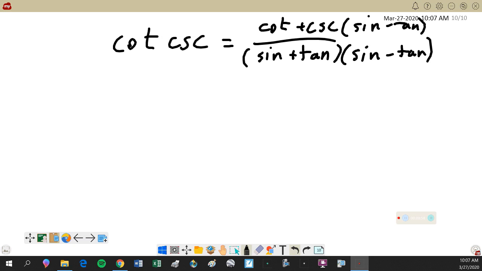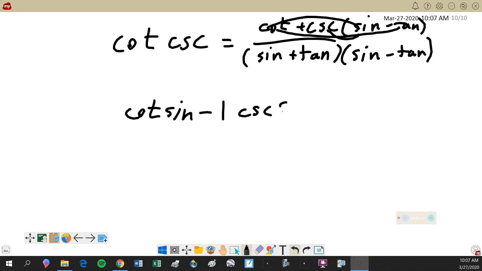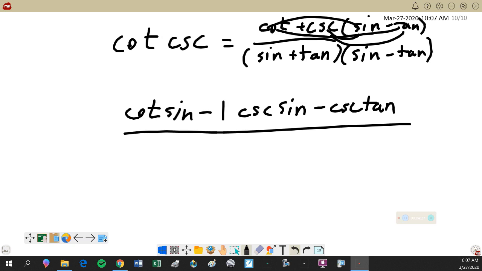So in the numerator, I get cotangent sine from there minus cotangent tangent. Cotangent times negative tangent is just going to be negative 1. And then this is cosecant sine. And then that is minus cosecant tangent. The bottom is going to be sine squared minus tangent squared.